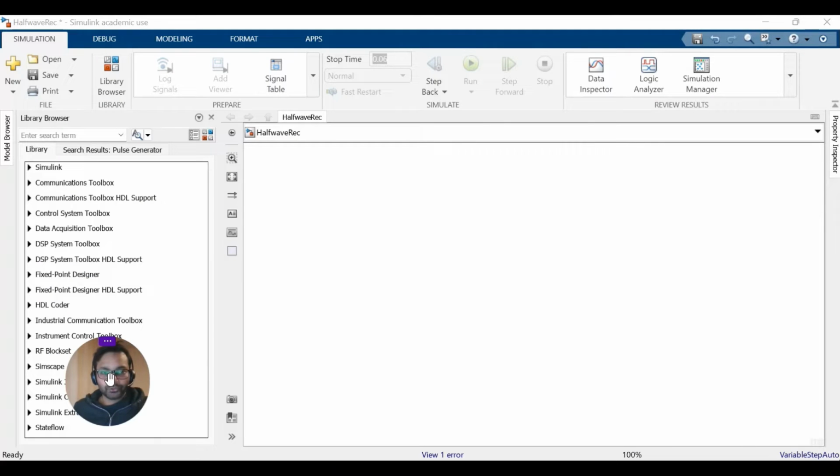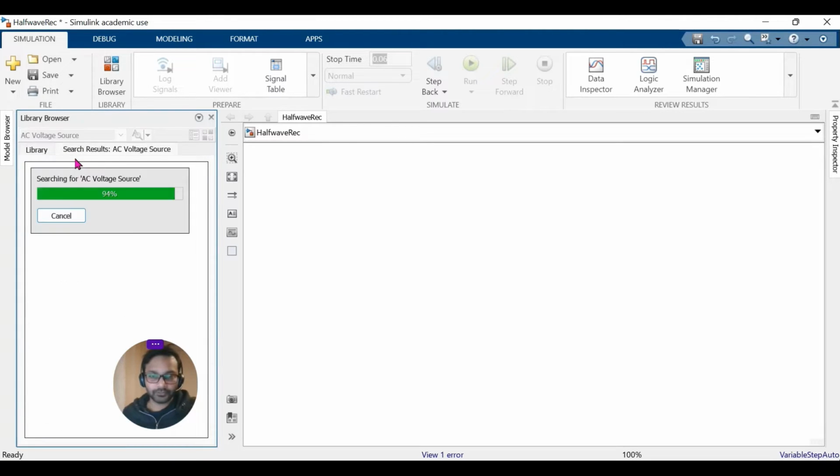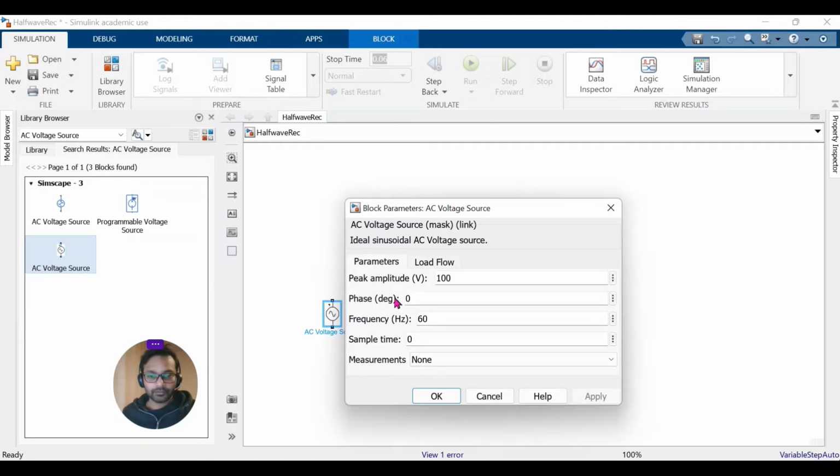Okay, so to implement this half wave controlled rectifier, the first thing we will need is an AC voltage source. Okay, so let's search for it. We are going to use this one, and the RMS voltage is given as 220 volts.